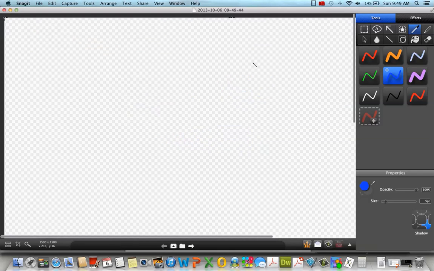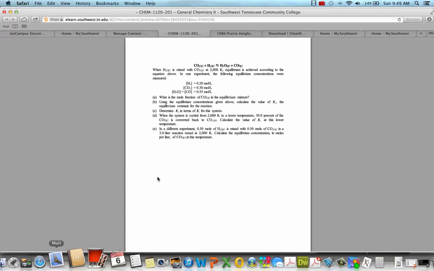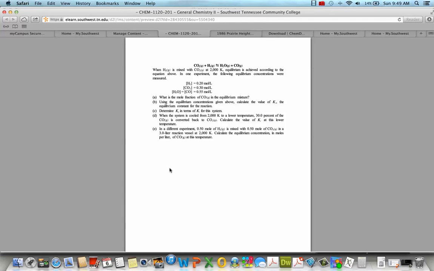So now let's look at part B. Part B asks, using equilibrium concentrations given above, calculate the value of Kc, the equilibrium constant for the reaction.